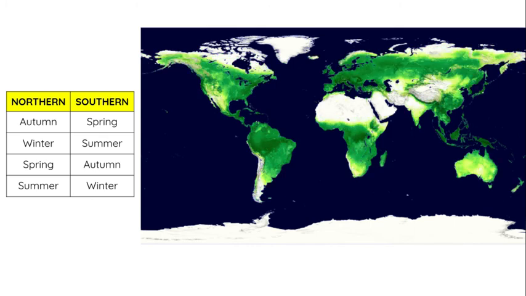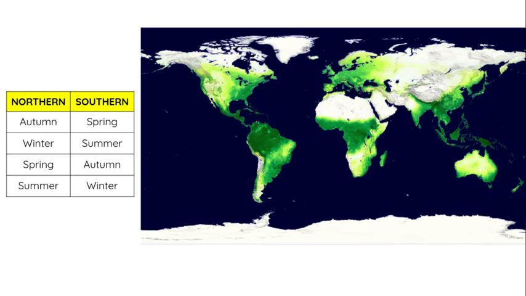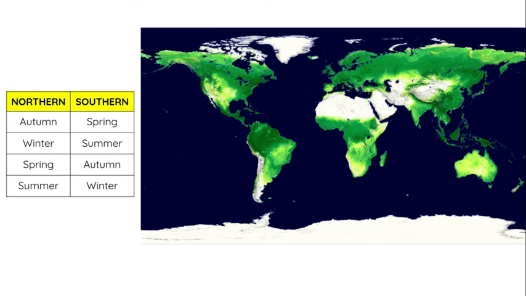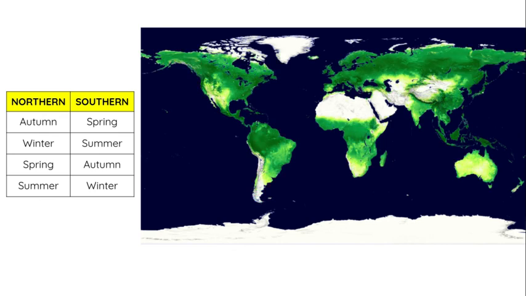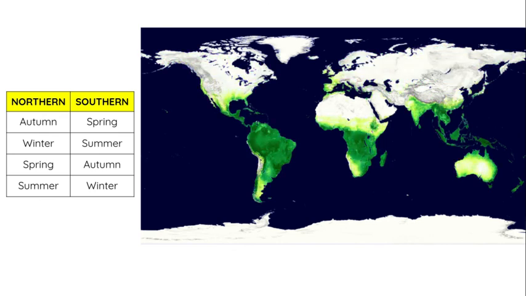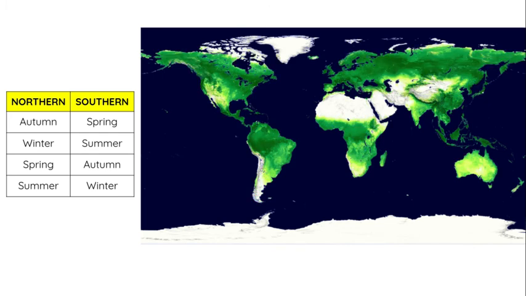When the northern hemisphere experiences winter, then the southern hemisphere will experience summer. When the northern hemisphere experiences spring, then the southern hemisphere will experience autumn. And lastly, when the northern hemisphere is experiencing summer, the southern hemisphere is experiencing winter.